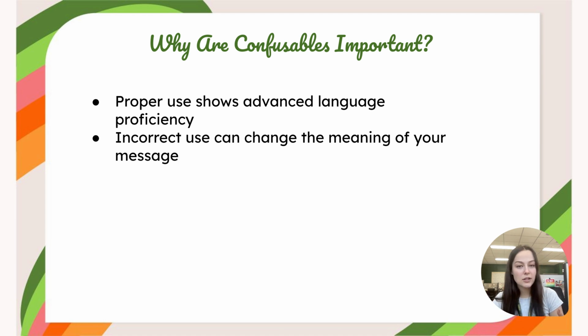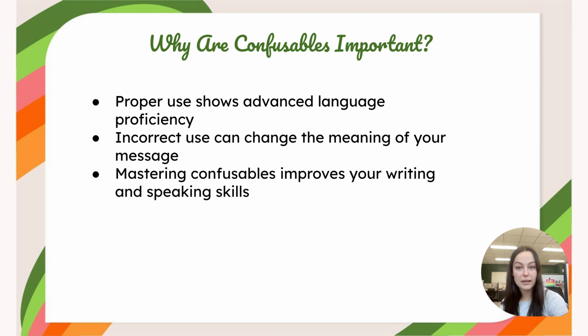You want to seem educated, you want to seem like you know how to write in English, and when you don't write it correctly, as the second bullet mentions, it can change the meaning of what you are trying to say. Okay, so mastering confusables improves your writing and speaking skills in the future when you are writing emails.